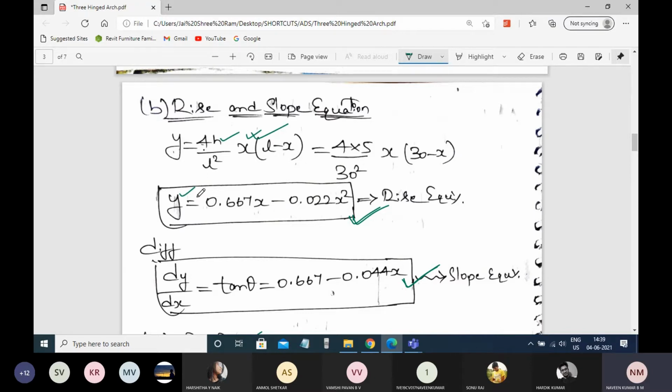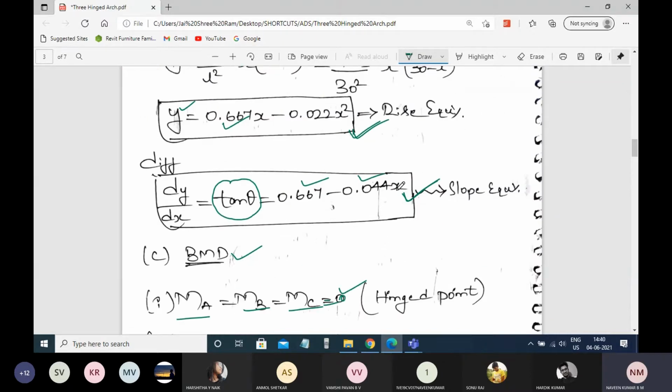Again, if I differentiate this equation with respect to x, you get dy by dx, that is equal to tan theta. That is nothing but the slope equation. So in order to find theta, you need to consider this particular equation.